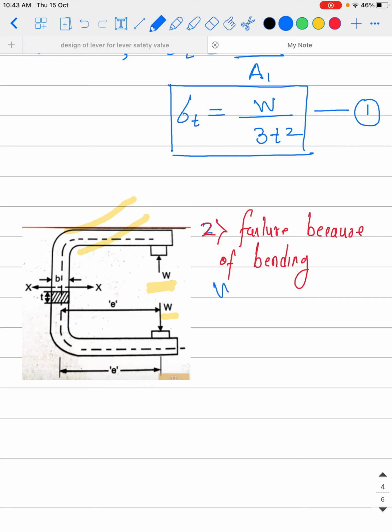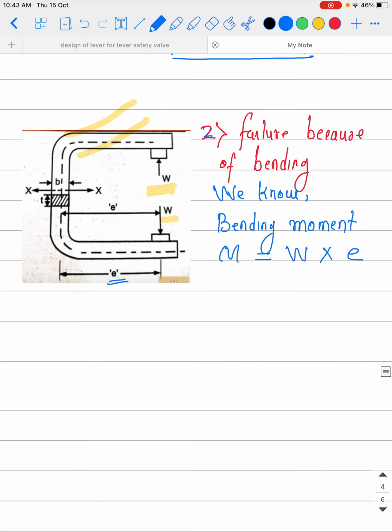So we know the bending moment M is equal to load multiplied by the distance. The distance is the eccentric or offset distance, that is, W into E. So this is the bending moment.